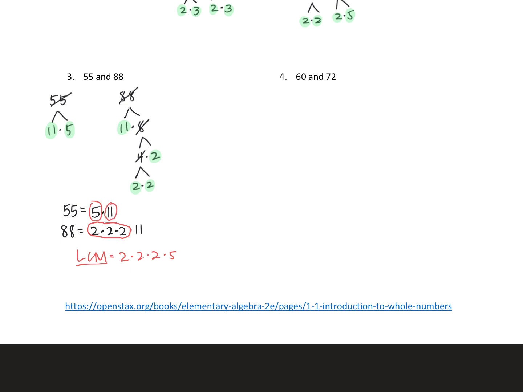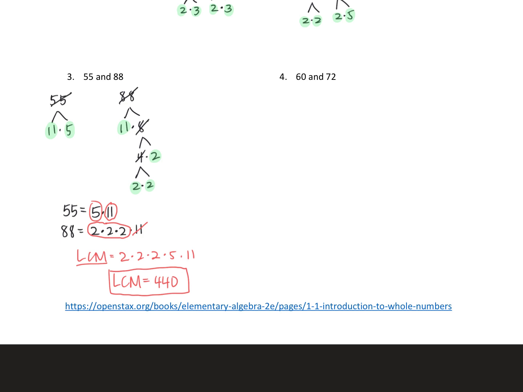So since it appears once in each list, I'm just going to include it once. All right, so we've got 2 times 2 times 2 times 5 times 11. When you do that, you should get 440. So the LCM is 440.